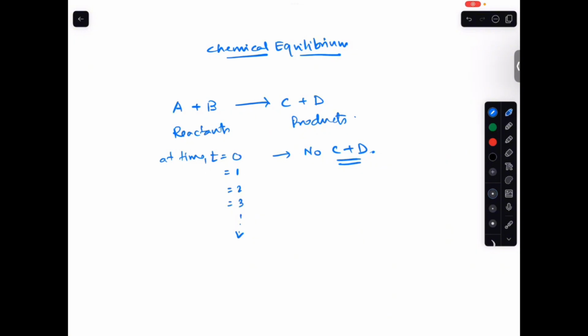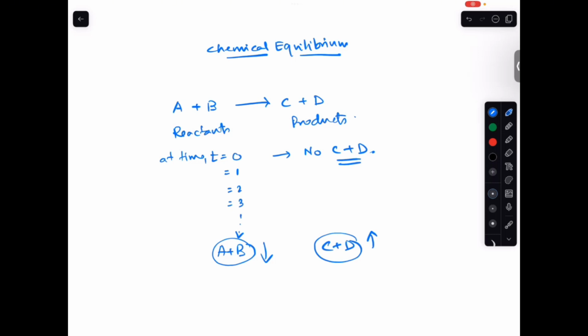As the seconds go by, can we say that A and B go down and C and D go up? Now, in the previous chapter, chapter 14, we learned about how fast A and B go down, or how fast C and D go up, right?